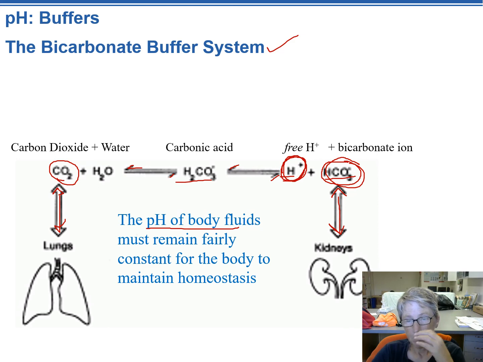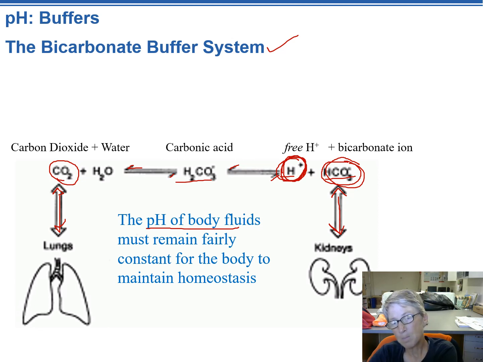So if you get a whole bunch of free hydrogen ion in your blood, that means your blood will become acidic. That means that you could die. It also means your pH is very low. Remember, high free hydrogen ion, low pH, you're acidic. So this system, the bicarbonate buffer system, can control this free hydrogen ion.